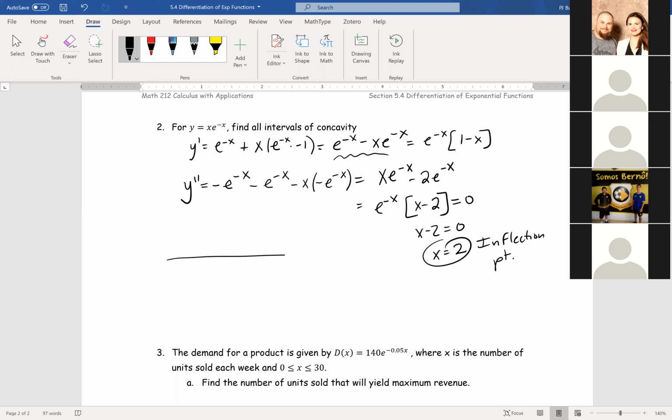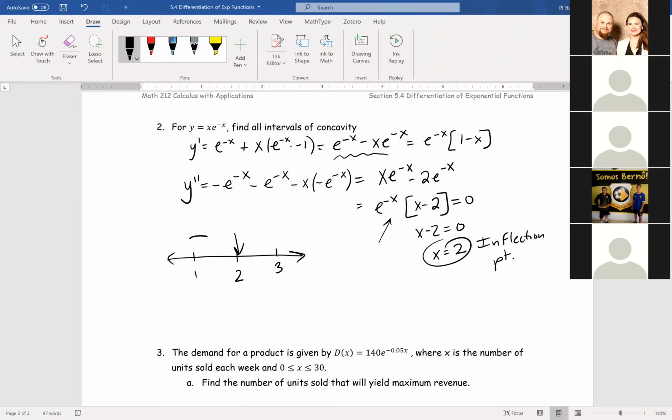Do our number line, and then use test points. If I plug 1 into this equation here, the e to the minus x is always positive, and then 1 minus 2 is negative. So I get a negative there.